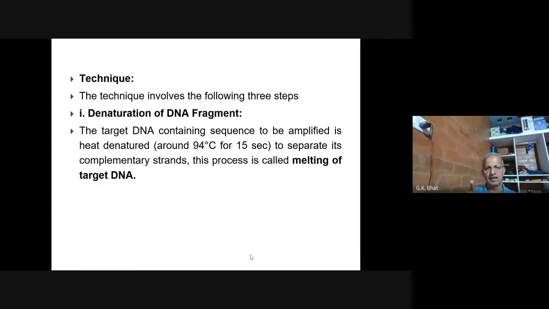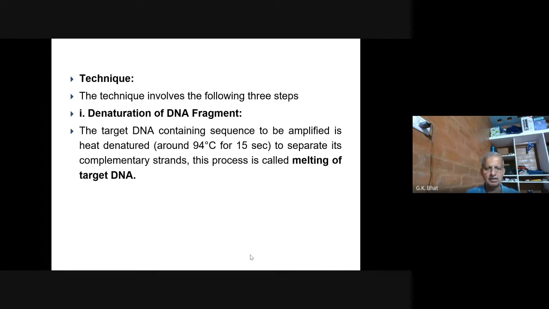The target DNA containing the sequence to be amplified is heat denatured to separate its complementary strands. This process is called melting of target DNA. It is heated to 94 degrees centigrade for 15 seconds.